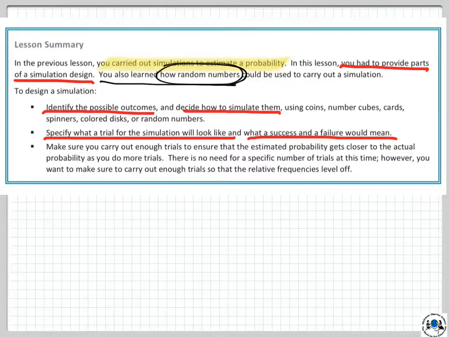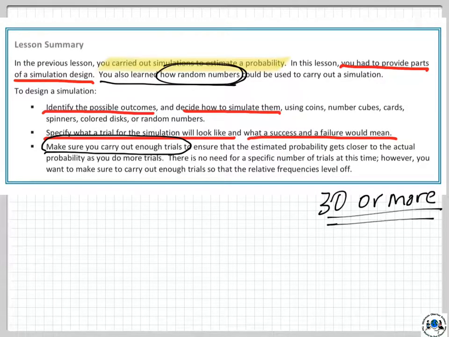And make sure you carry out enough trials. Very often in statistics, 30 or more trials is usually required for any kind of surety, but that still doesn't ensure anything really.